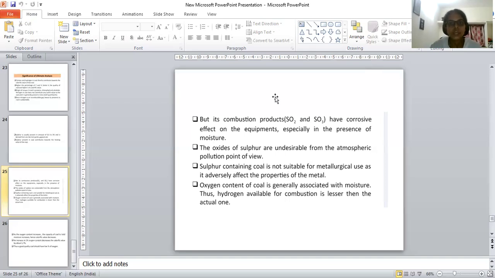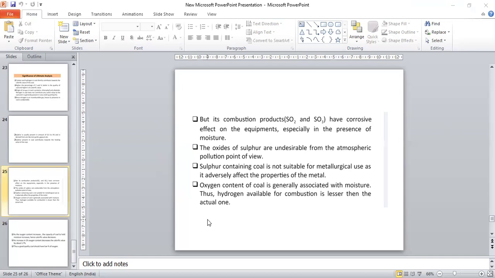See, the oxygen content of coal is generally associated with moisture. Thus, hydrogen available for combustion is less than the actual one. This oxygen is present in the coal sample in combined form as inherent moisture, which causes low calorific value.